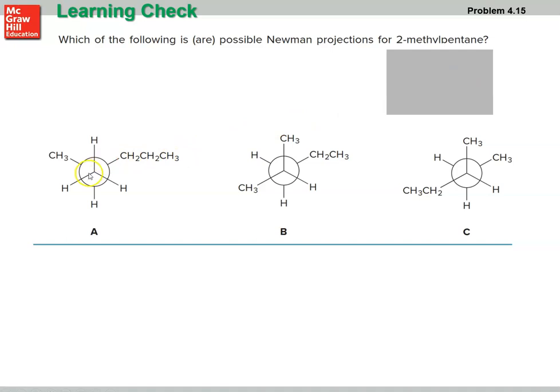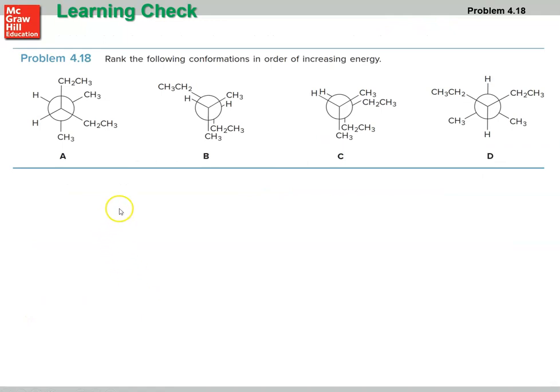And then I want you to determine, looking at these Newman projections, which ones of these three are possible to make from 2-methylpentane. And finally, I want you to rank these A, B, C, and D in order of increasing energy. So lowest energy you can rank as number 1, highest energy as number 4.